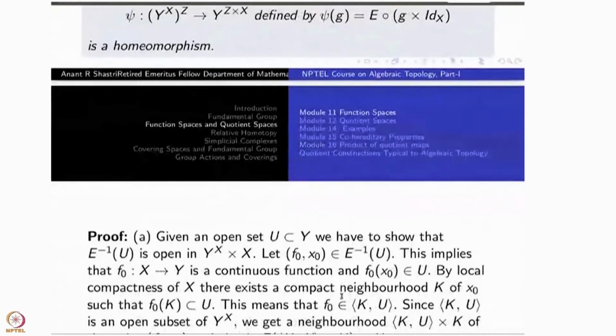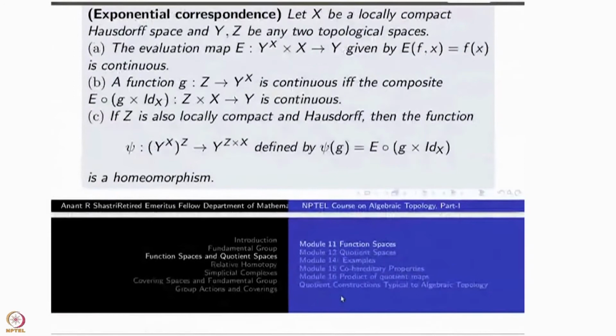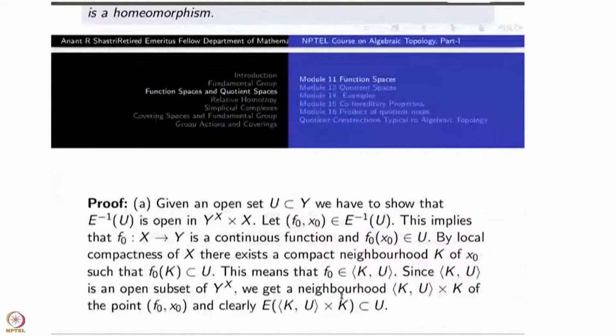So I am writing the full detail of why the evaluation map is continuous. I have given you the idea why it is continuous. Let us write down some full detail here.